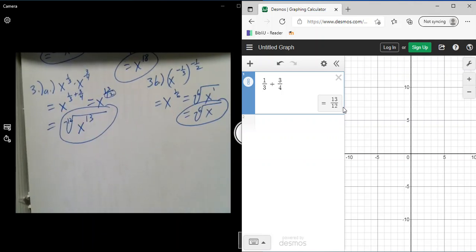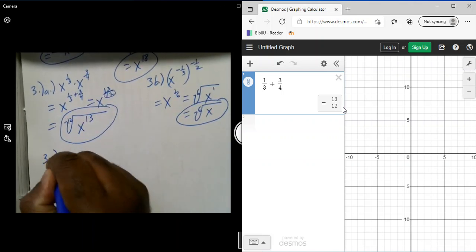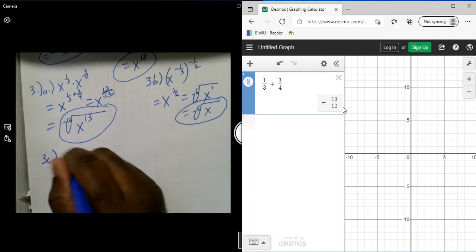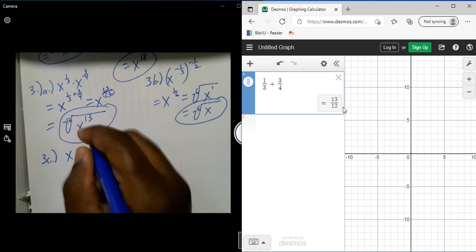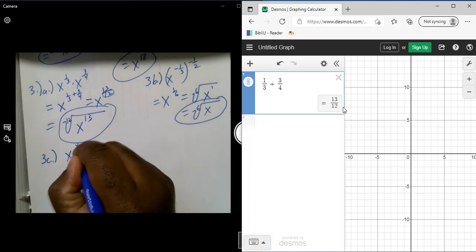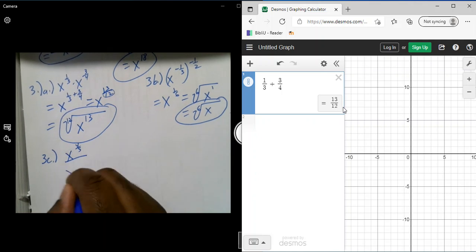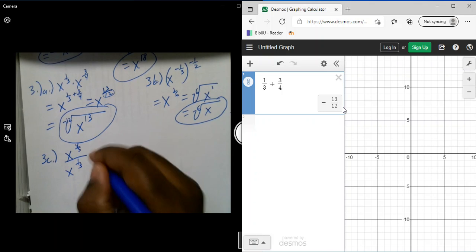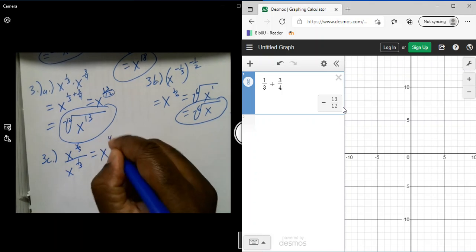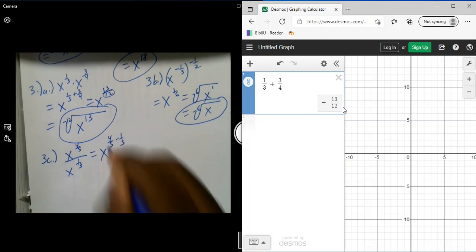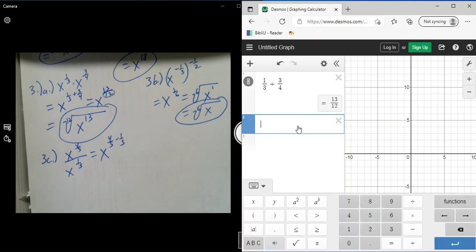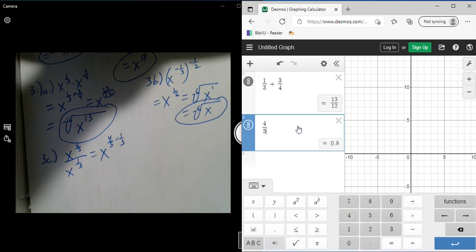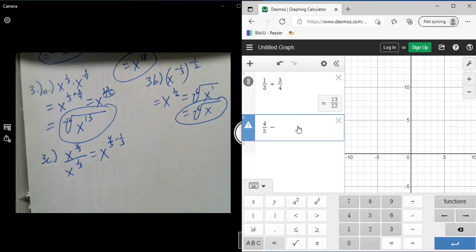All right, now we go here to 3c. We have x to the 4/5 power divided by x to the 1/3 power. Now we know when we have the same base, we subtract the exponents. So we could put this right here in our Desmos calculator. 4/5 minus 1/3.